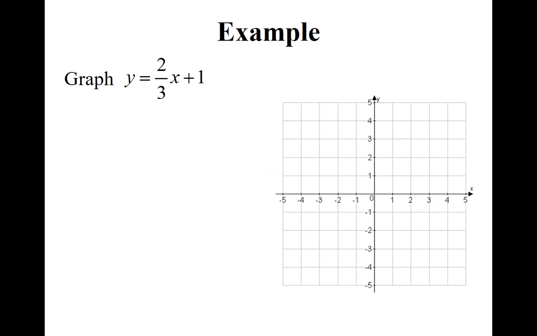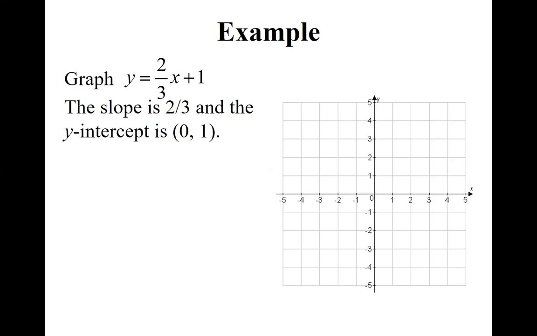From this y equals mx plus b form, we know that the slope m is 2/3, and we know that the y-intercept is 1 for the point 0, 1. So let's start by plotting the point we know. We know the y-intercept. So plot that point at 1.